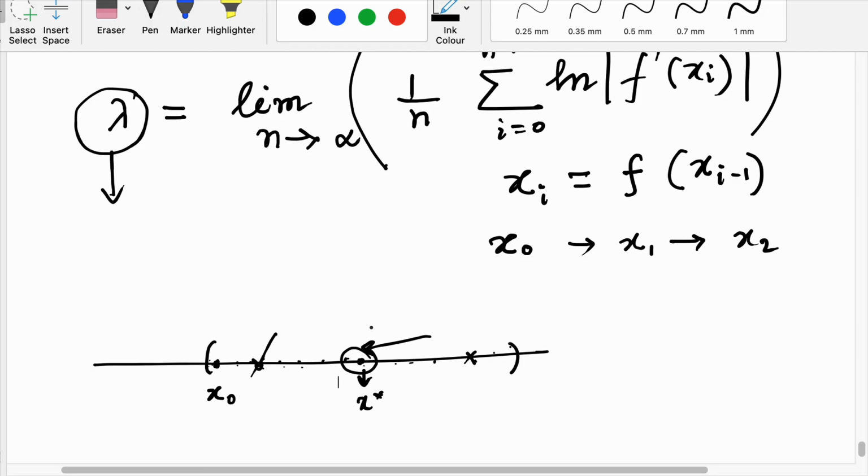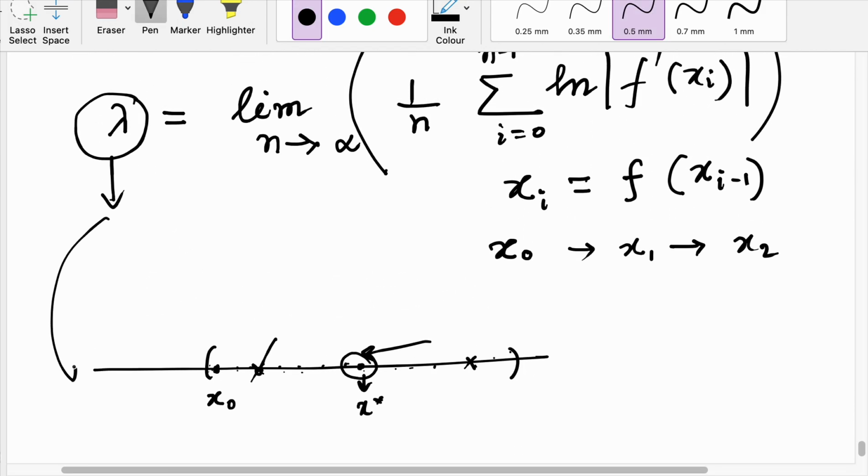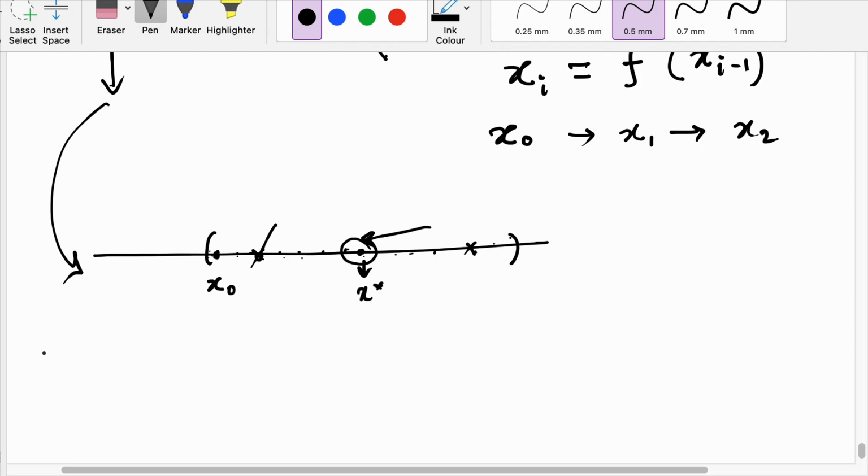So this is how we calculate the Lyapunov exponent, or how we actually tell whether the system contains any kind of butterfly effect or not. So how will we tell? First of all we calculate lambda. Now how can we say whether or not the system has sensitive dependence on the initial condition?